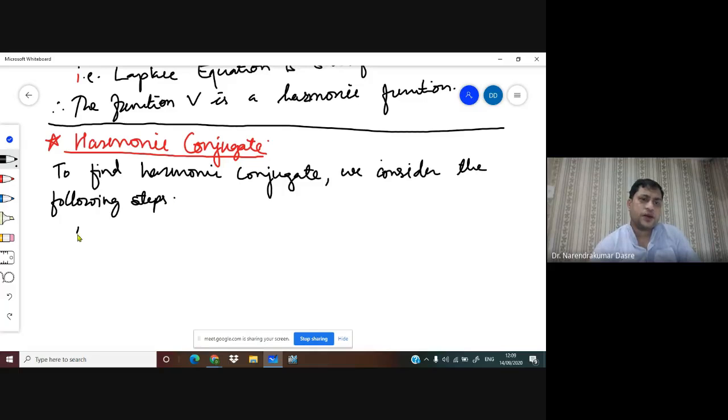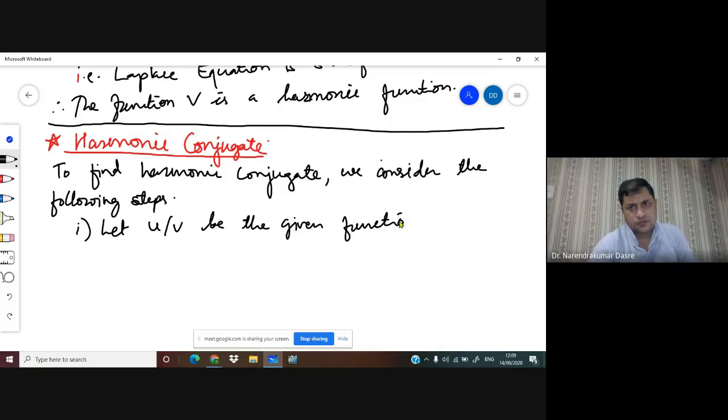First, let u or v be the given function. You should not be confused: u or v, anything out of these two, and we have to find the other. So this will be the given function.